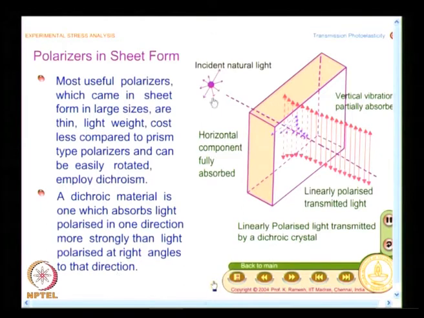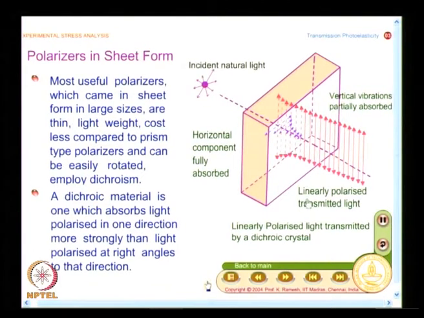So, what you find is, from the natural light, it allows the vertical component, vertical vibrations are only partially absorbed, and the horizontal component is fully absorbed. The net result is, from the natural light source you get only plane polarized light. So, linear polarized light is transmitted by a dichroic crystal.